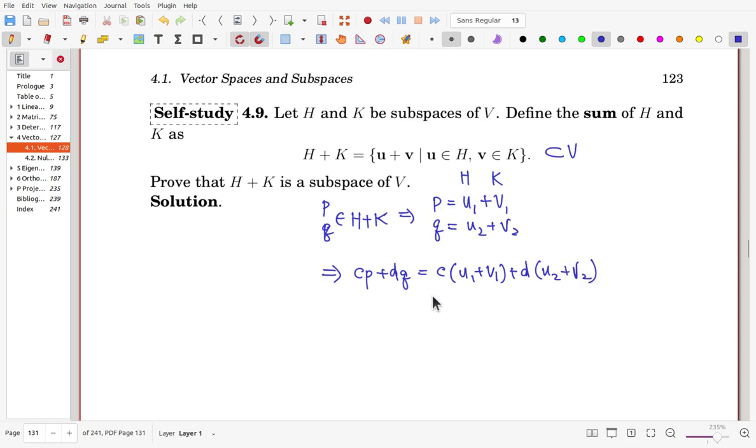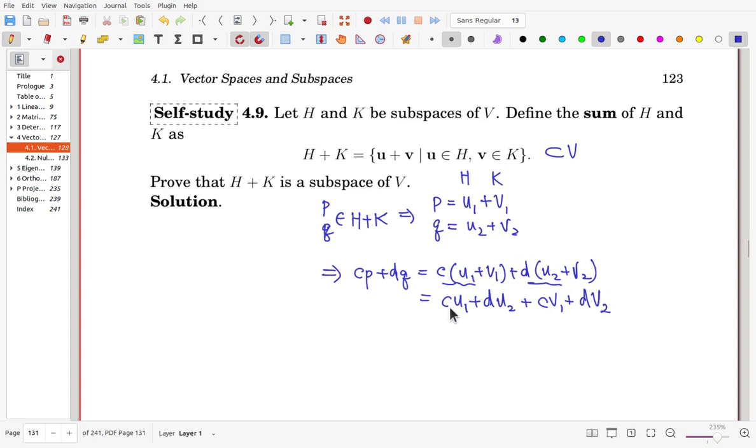Okay, we rearrange these terms. Now, that is C U1 plus D U2. We write this one first, and then C V1 plus D V2, right?